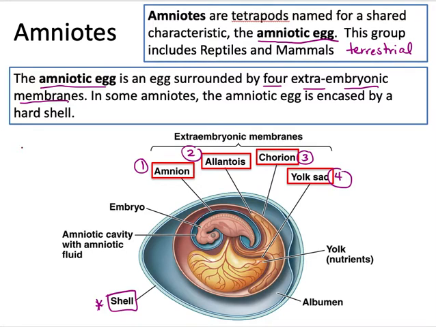So the first was the amnion, and the amnion, since it's directly surrounding the embryo, it is going to be the membrane layer that is responsible for the protection or cushioning of the embryo. And the fluid within is called the amniotic fluid.